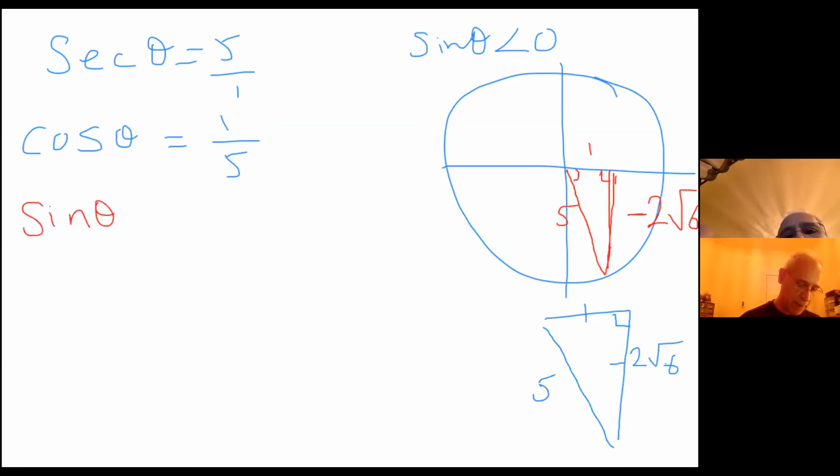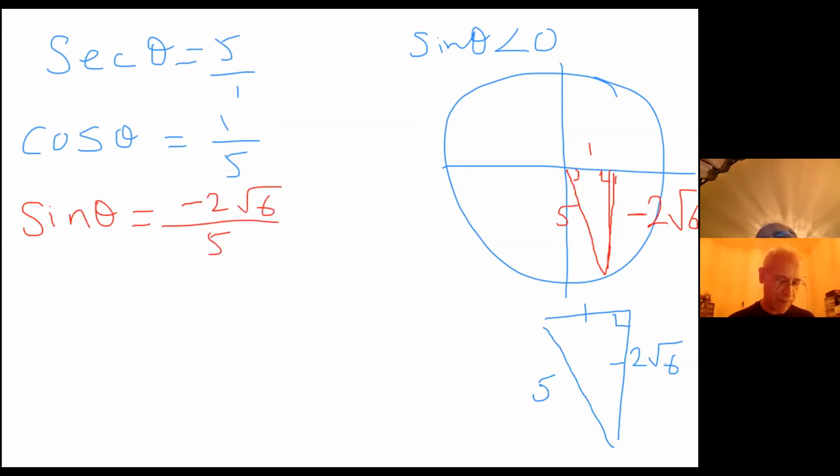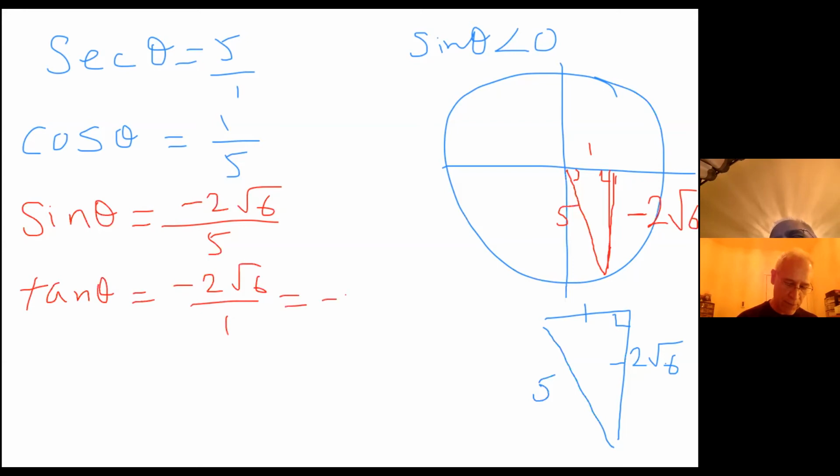Sine of theta is opposite over hypotenuse, so I have minus 2 root 6 over 5. Cosine of theta, we already have it. Tangent of theta equals opposite over adjacent, so negative 2 root 6 over 1, which is negative 2 root 6.